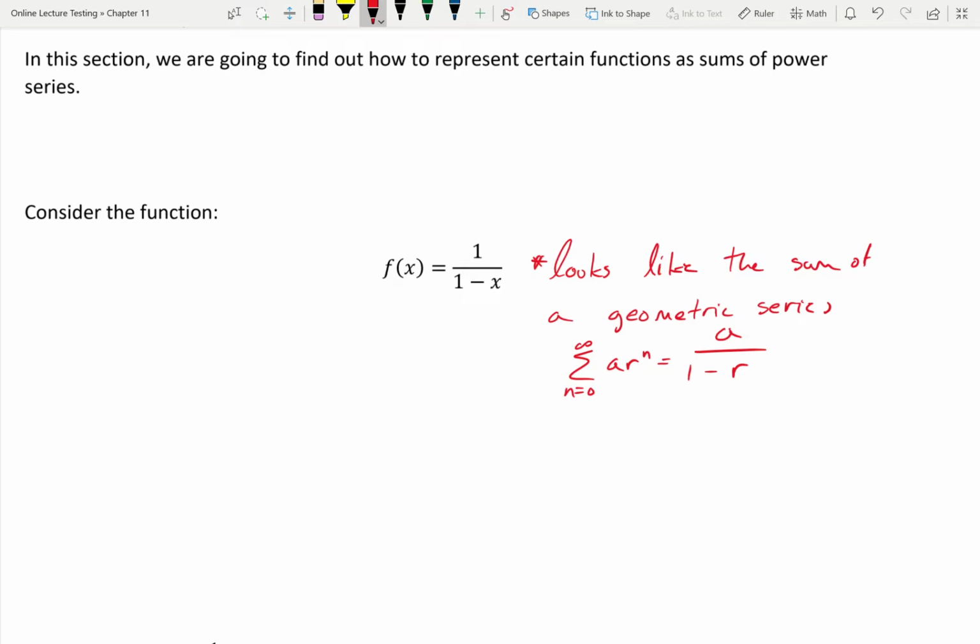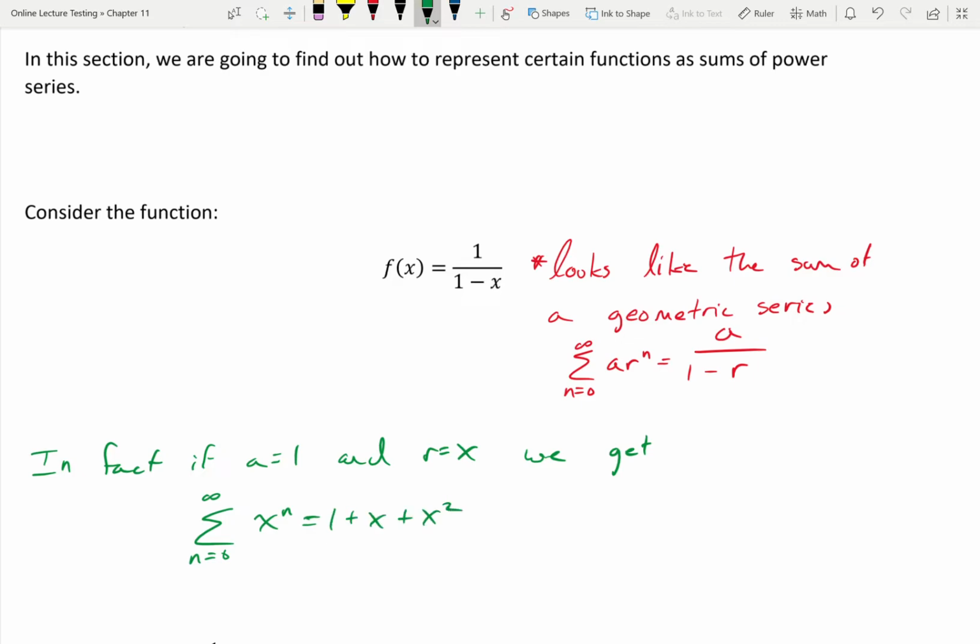And in fact, if a is equal to 1 and r is equal to x, now again, r is some number here, so x is going to be a fixed value, we get the sum of the series, n goes from 0 to infinity of x to the n, which is equal to 1 plus x plus x squared plus x cubed and so forth.